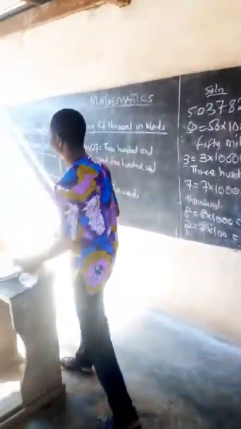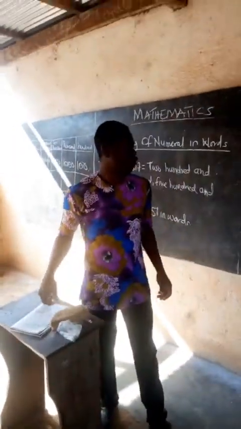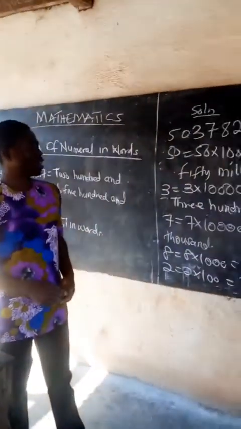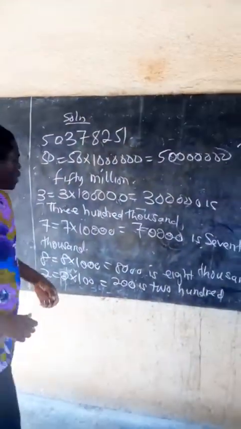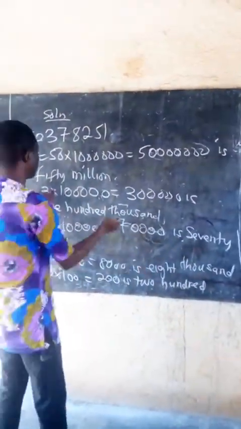So we have known all this. So we are going to combine to form it in words. We are going to mention it as 50 million, 378,251.